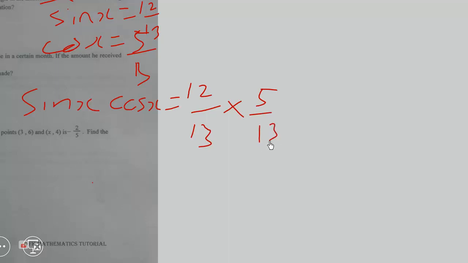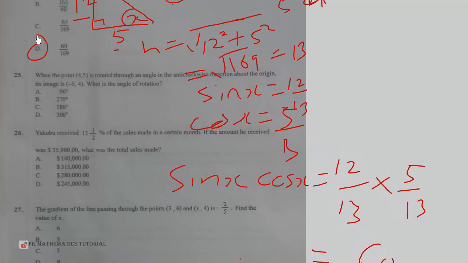So sine x times cos x will be equal to 12 over 13 times 5 over 13, which will give us 60 over 169. So the correct answer is option D.